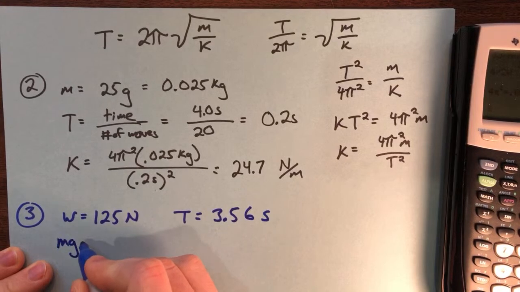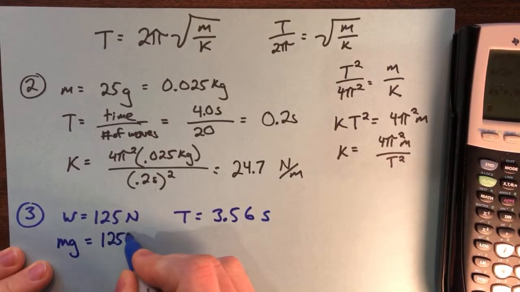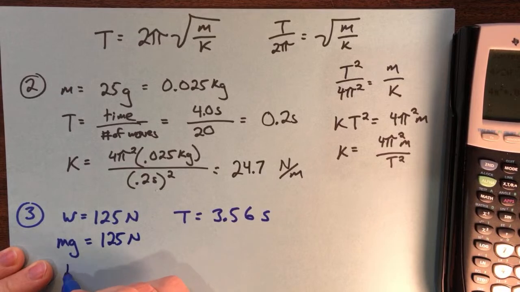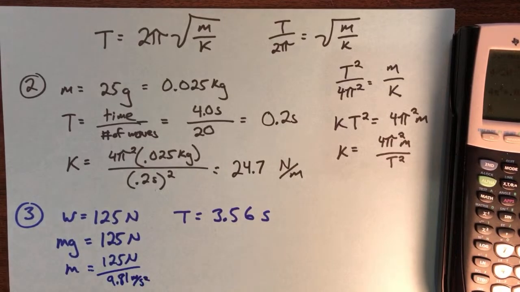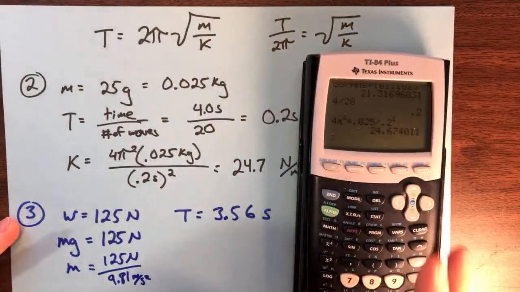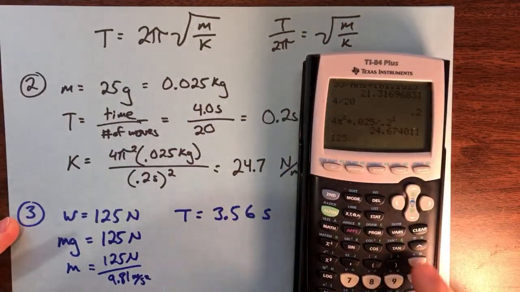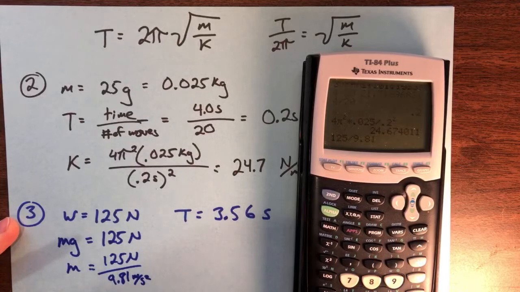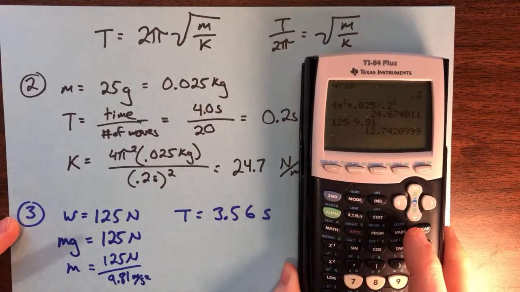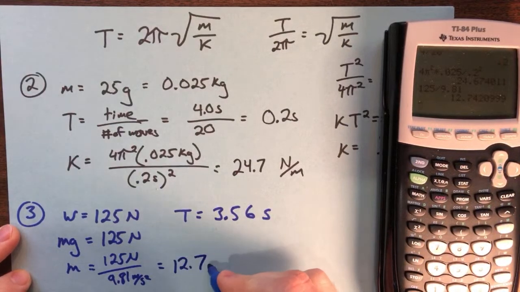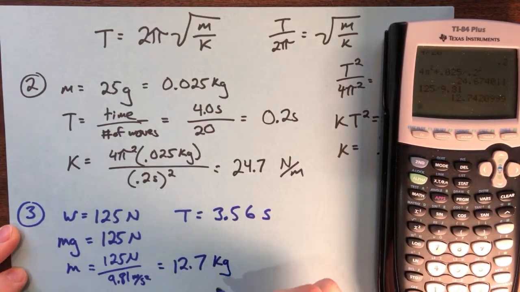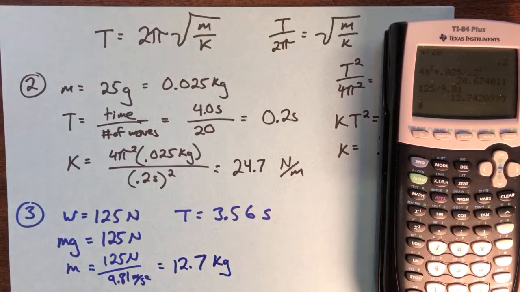So mg is 125 newtons, which means our mass is going to be 125 newtons divided by 9.81 meters per second squared, which is 12.74. Okay, so 12.7 kilograms.